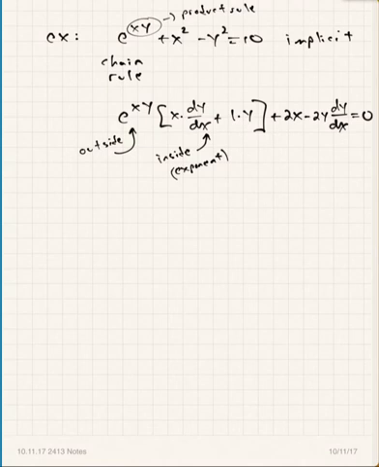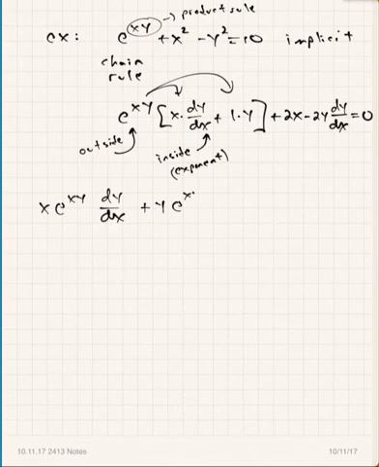And then what I'd probably do here is use the distributive property and multiply this out, because you're trying to solve for dy dx. So you have e to the xy times x dy dx. So that's x e to the xy dy dx plus y e to the xy plus 2x minus 2y dy dx.